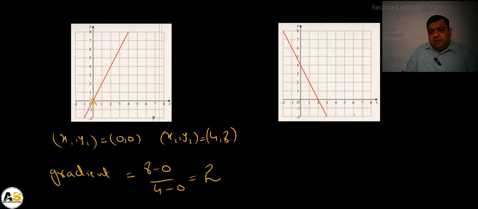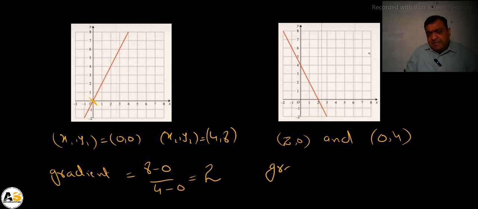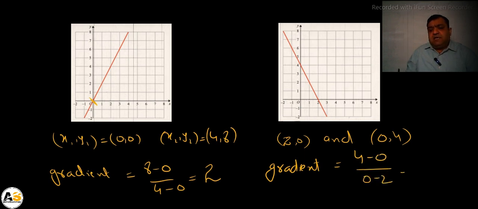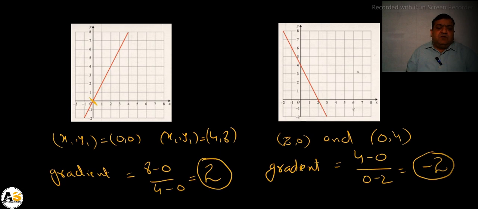I am picking the first point 2, 0, the point on the x-axis, and the second point is 0, 4, the point on the y-axis. I can easily calculate the gradient again using the same formula, y2 minus y1 over x2 minus x1, which will simplify to minus 2. The answer to our first question was 2. The answer to this question is minus 2.